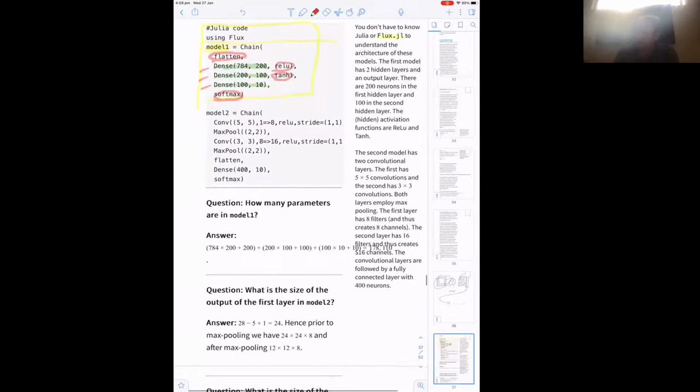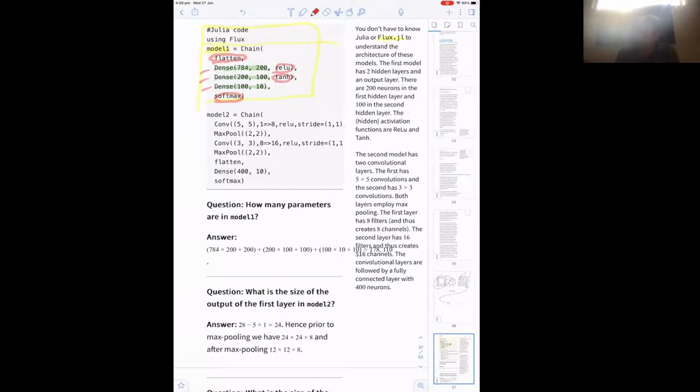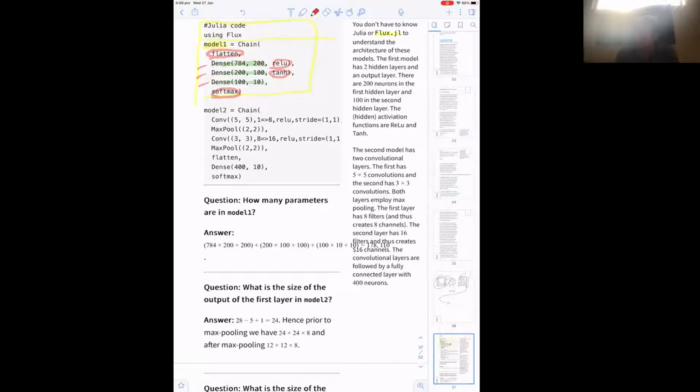There's this first question here, and we won't dwell on it, but you could just look at the answer. How many parameters are in this network? In this dense network, you've got 784 inputs, so it assumes a 28 by 28 input image. Those 784 go to 200 neurons.